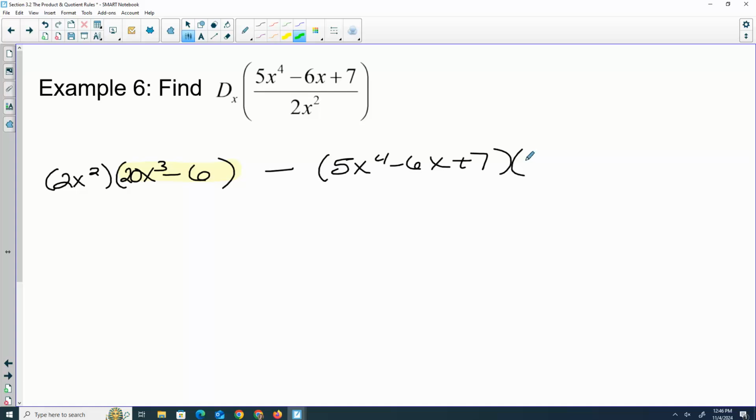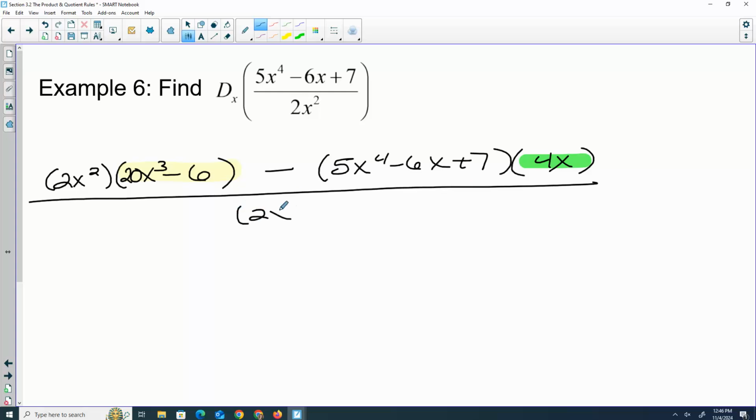The derivative of the bottom is 4x, all over the bottom squared. If you square, you multiply the exponents.